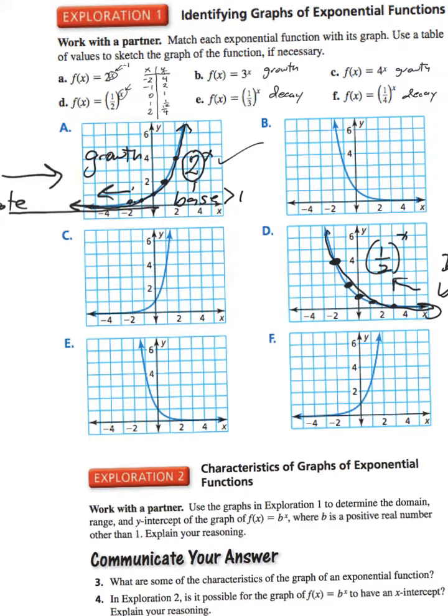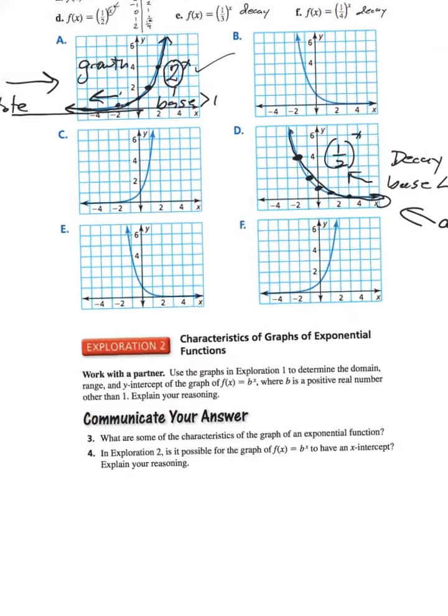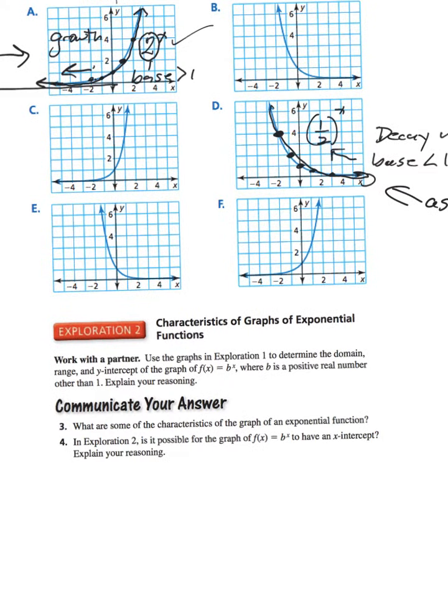What else do we notice? It says, is it possible for the graph of an exponential function to have an x-intercept? Explain your reasoning. Well, the reason it can't is because an x-intercept would mean that b to the x would have to be equal to 0.